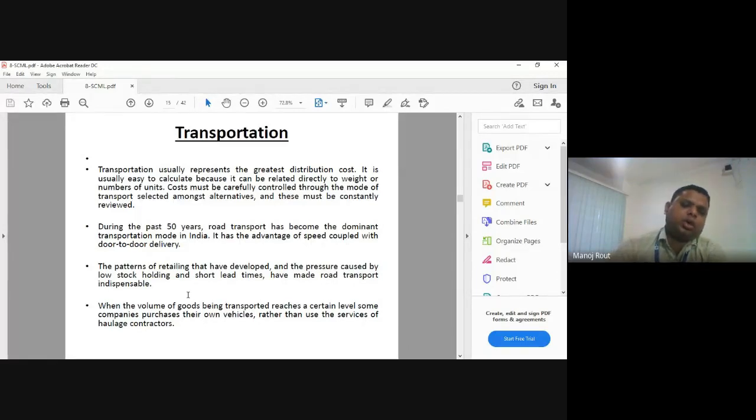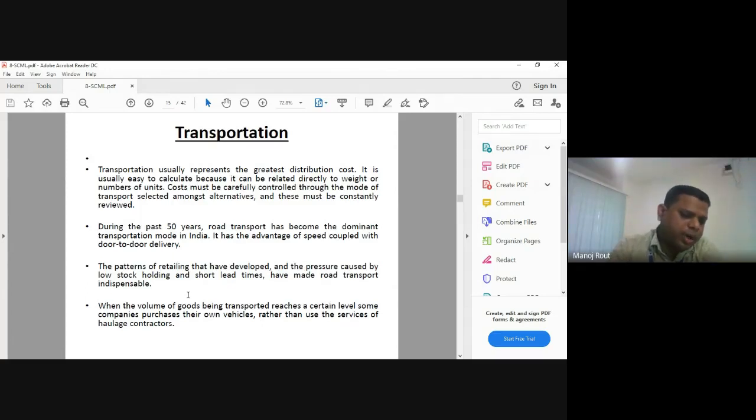So the company faced a higher transportation cost. Rather than go for a third-party agency, they chose their own transportation and made their own transportation arrangement.